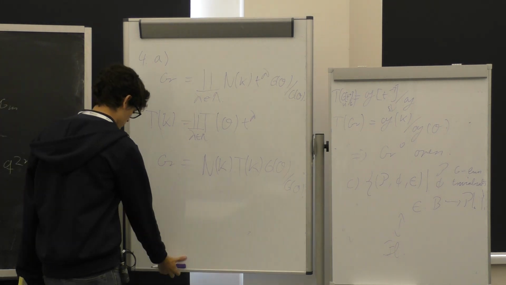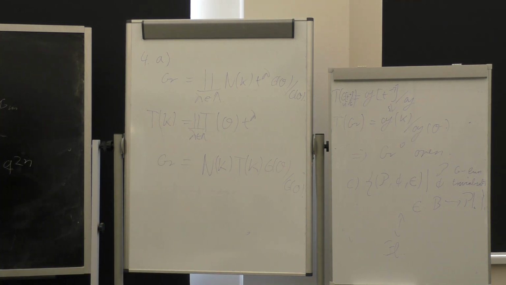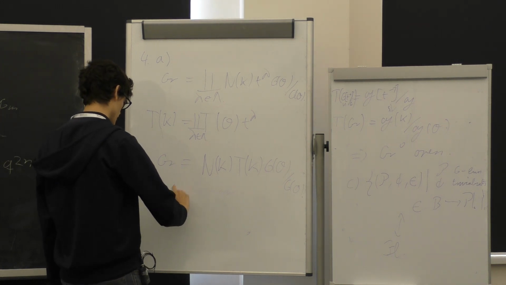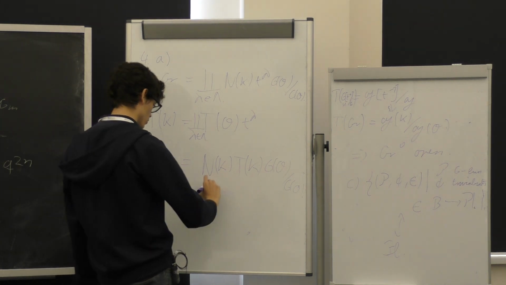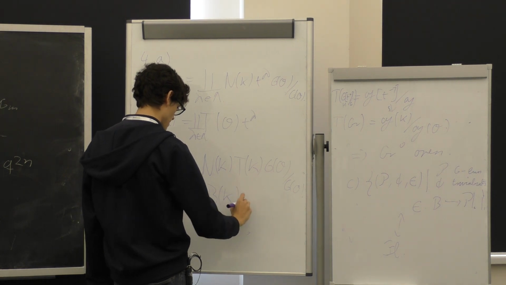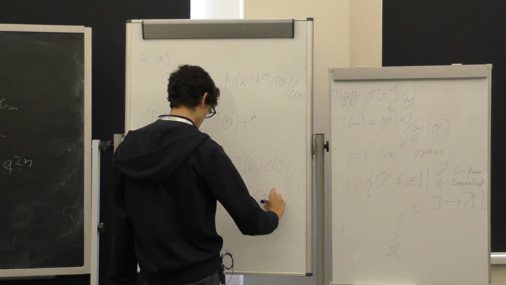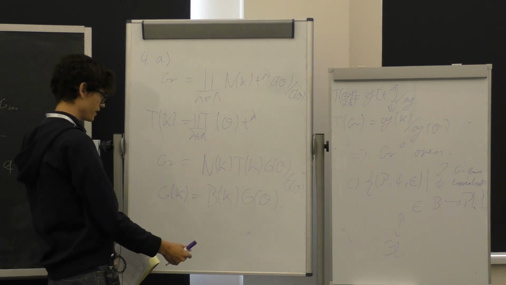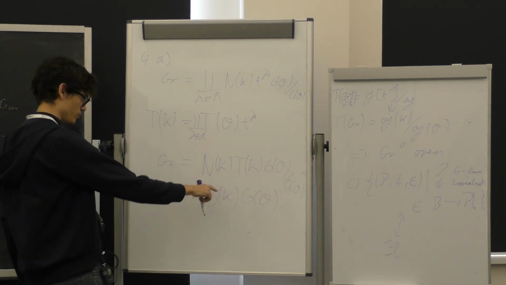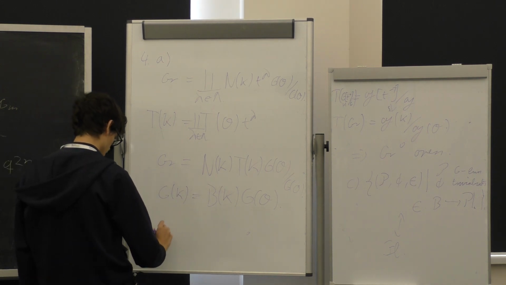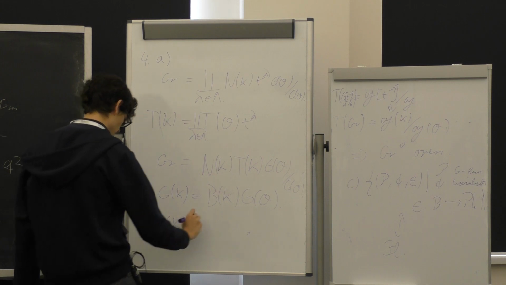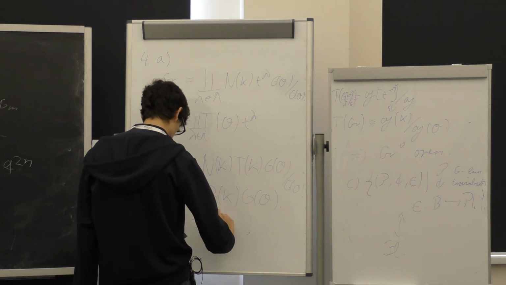Or in other words, if we pull back to the group and not just the Grassmannian, we need to check that G(K) equals B(K) times G(O). But if I quotient by B(K), this is saying that G(K) mod B(K) is equal to the quotient of this.